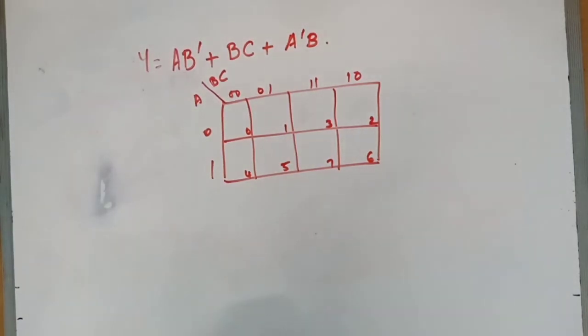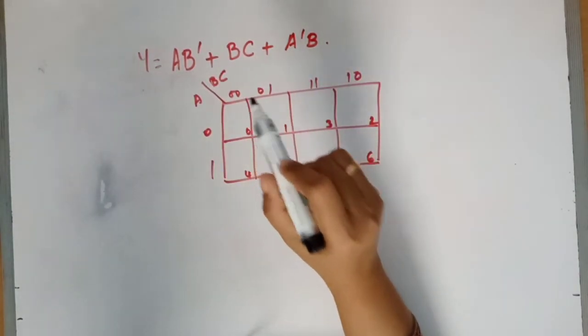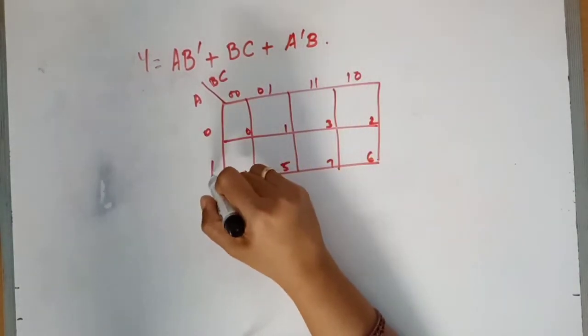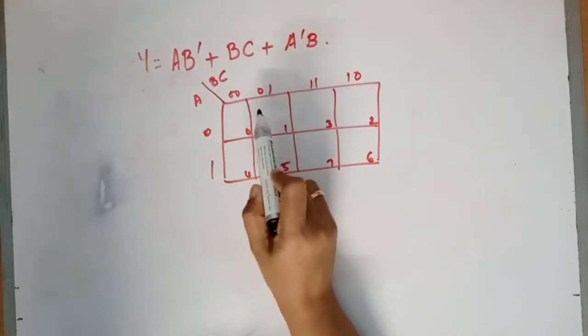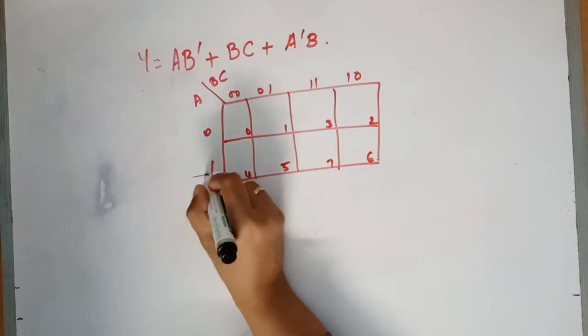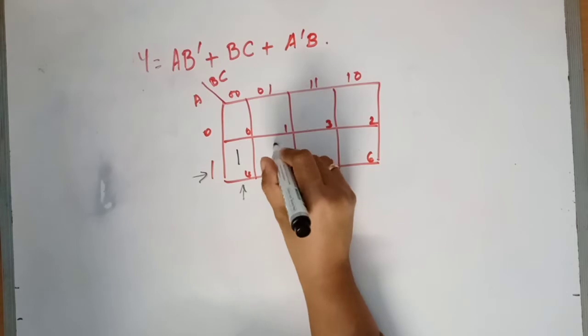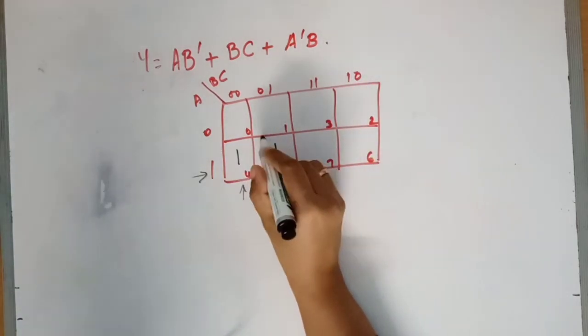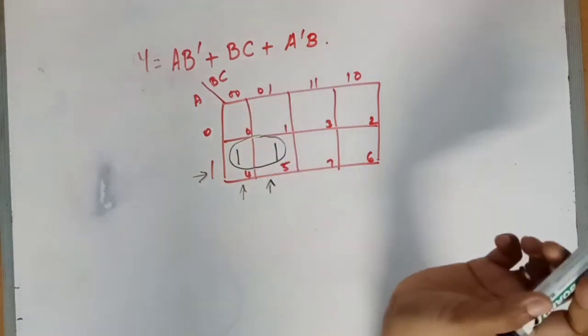How will you write AB bar? A is 1 and B is 0. B0 means the two columns where B is 0, so here 1 and here 1. This together is your AB bar.